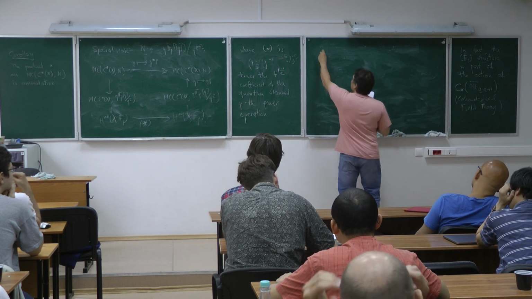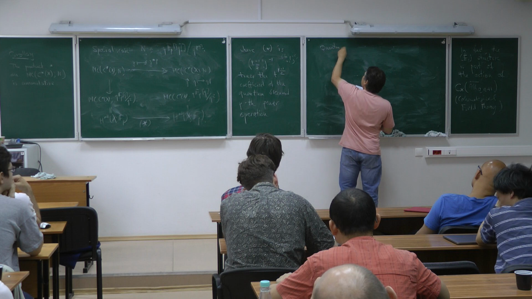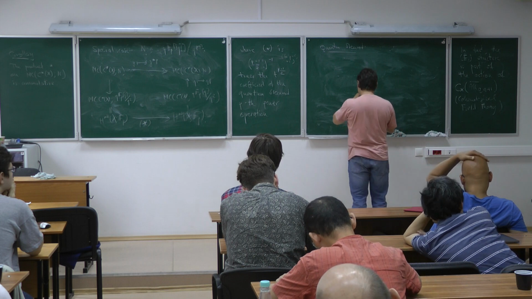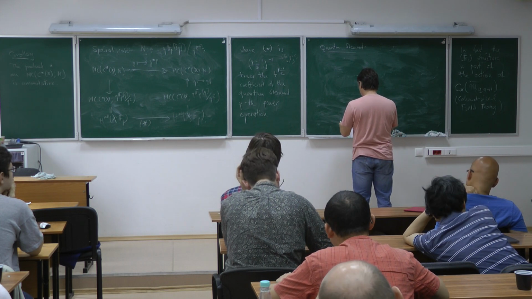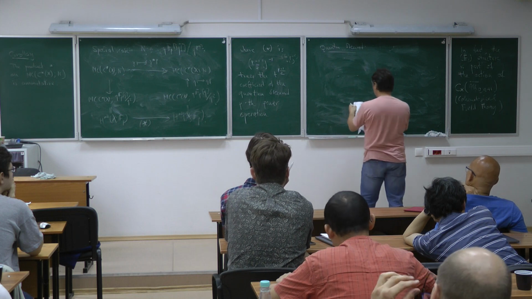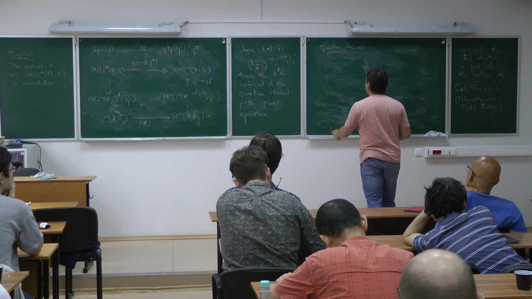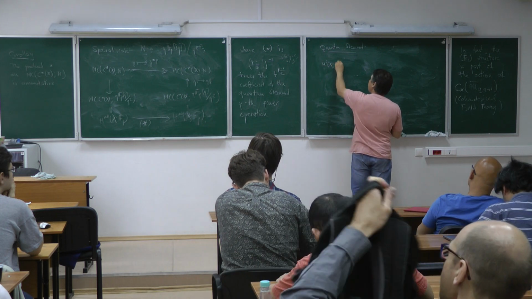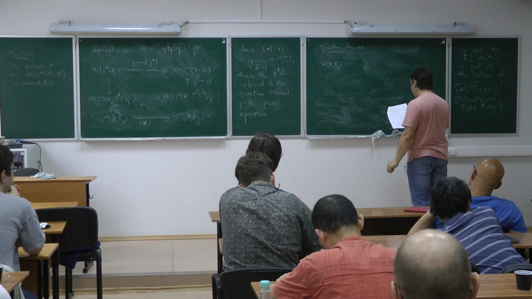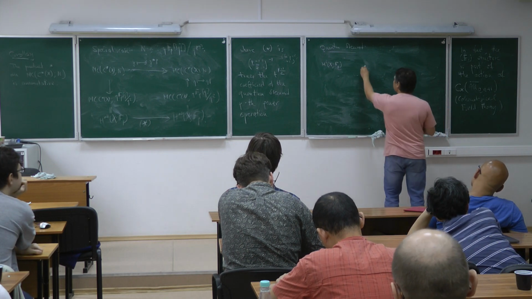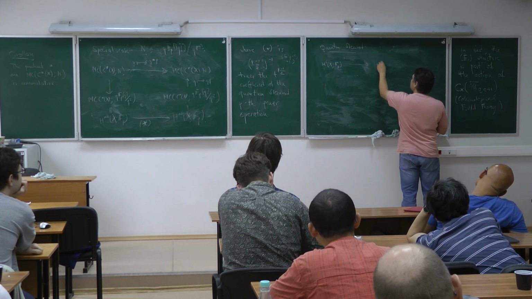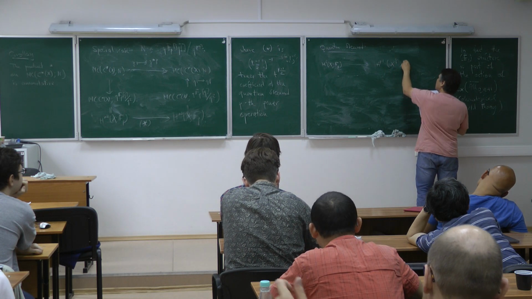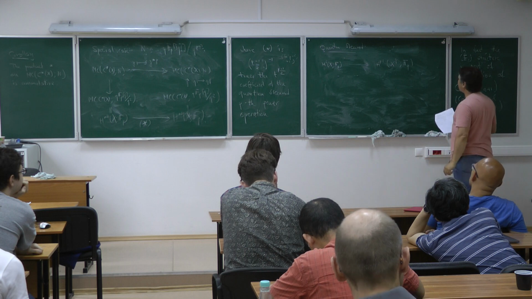So the quantum Steenrod. I start with the cohomology of my manifold with coefficients in Fp, and then I take the p-fold cup product.